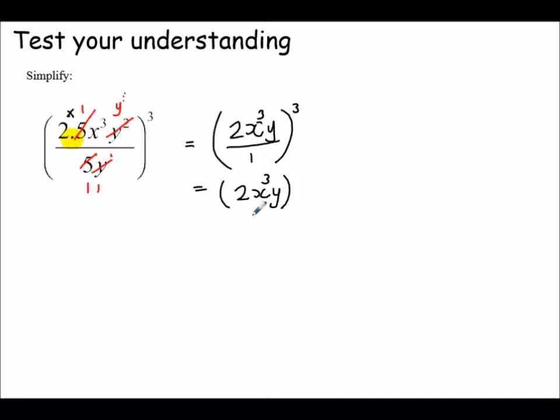When I raise a power to a further power, I write down the base and I say 1 multiplied by 3 is 3, x, 3 multiplied by 3 is 9, y, remember your invisible 1, 1 multiplied by 3 is 3, and 2 cubed is 2 times 2 times 2, which is 8, x to the 9, y cubed. That's the answer to that question.